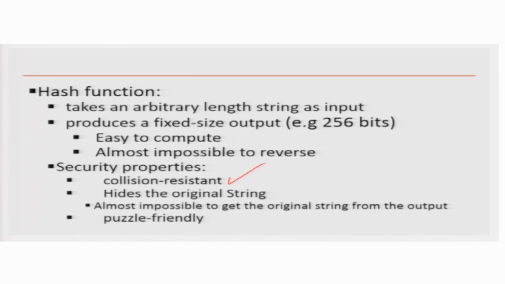Even if the other party does not know the string itself, he might somehow have the hash, and therefore he can match them. So, it hides the original string, and the property of a hash function should be that it is almost impossible to get the original string. And then the third property that is very important for our purpose in blockchain, especially for cryptocurrency type of blockchains, is that it has to be something called puzzle friendly, and we will see what that means very soon.